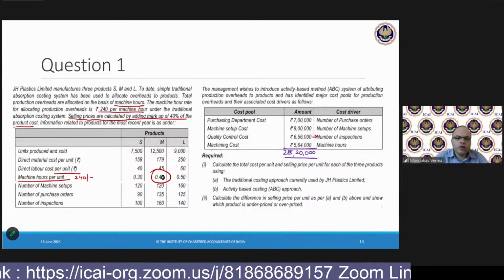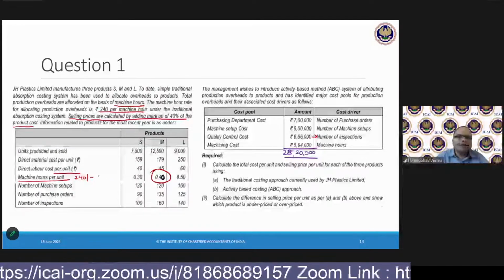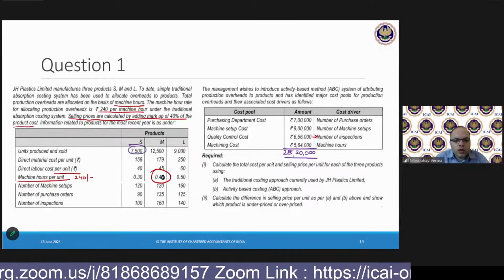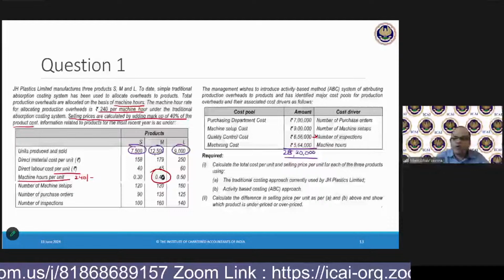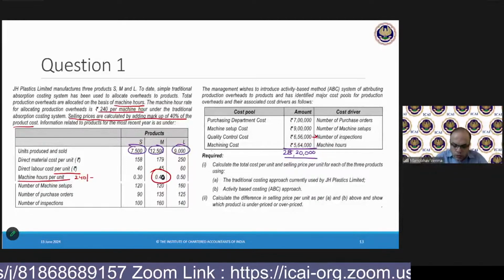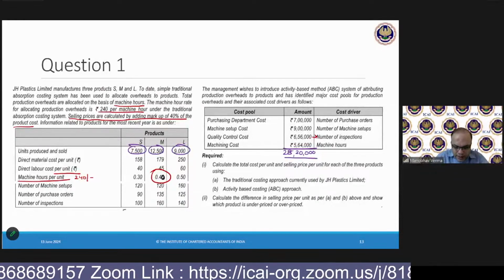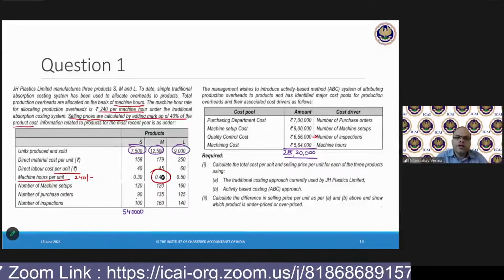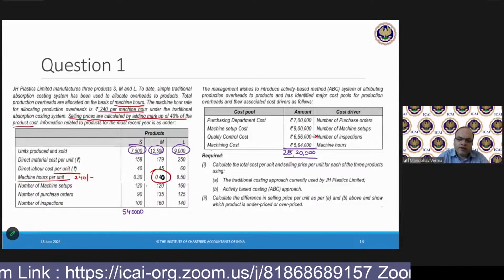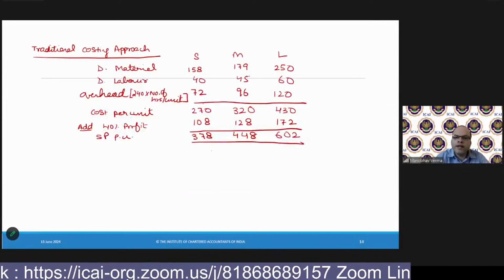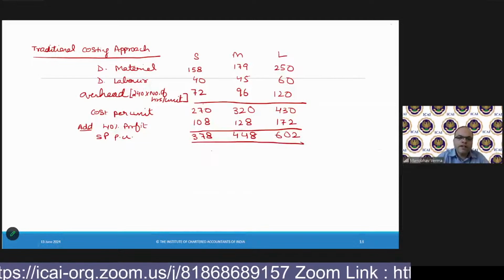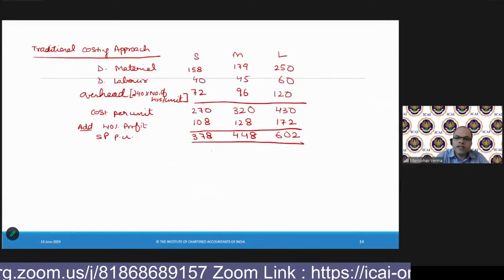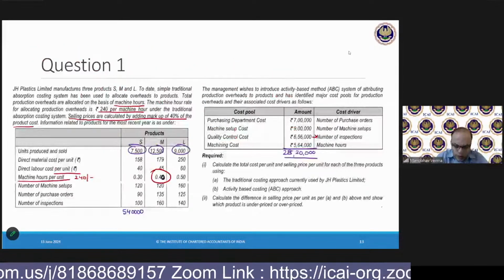Yep. So what I'm trying to do here is just double checking that under the traditional costing, we had 240 per machine hour, right? So we have units produced and sold, 7,500 and so on. So for the S, we had an overhead of 540,000 using the traditional. How 540,000? We calculated this per unit, right? 72. So 72 into 7,500. Similarly, we are just double checking this, 96 into 12,500.